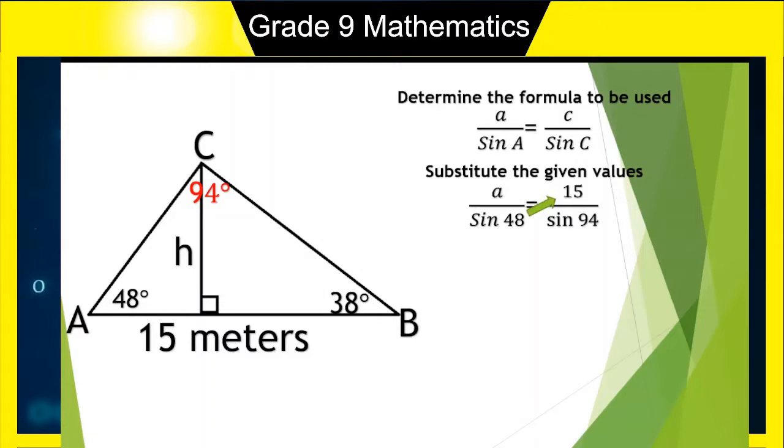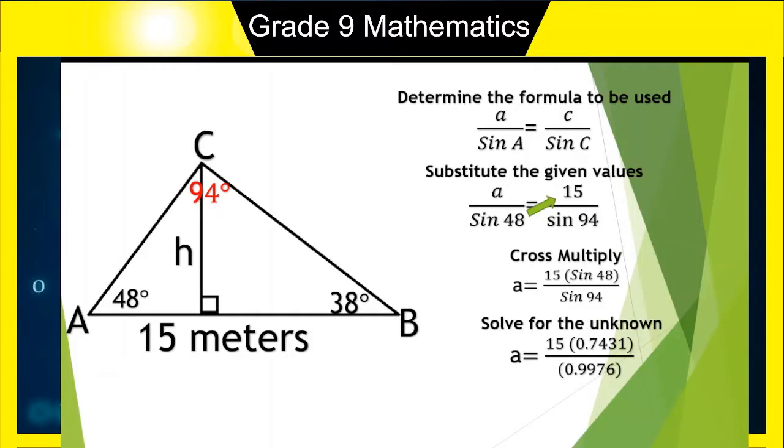Then we cross multiply. It becomes A is equal to 15 times sine 48 all over sine 94. After you cross multiply, first evaluate the sines.